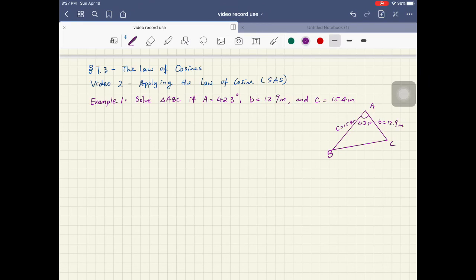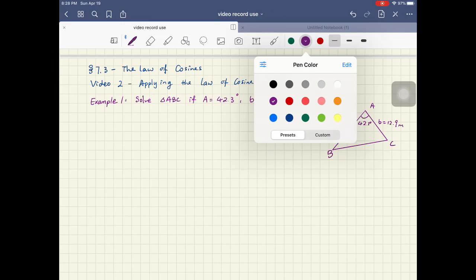From the picture, we have one side, one angle, and then the side next to it. This is why we call this type of example SAS: a side, the angle next to it, and the other side next to the angle. So now, how can we solve it?